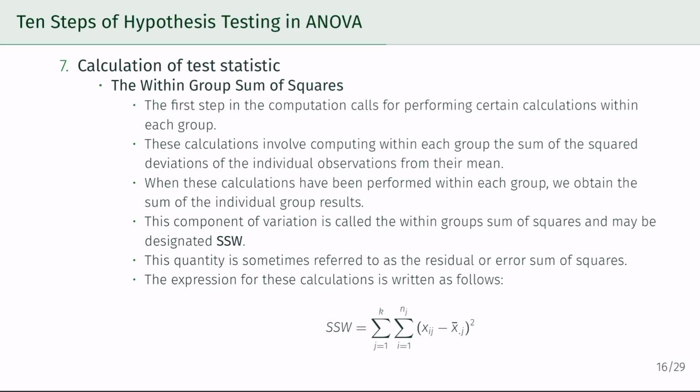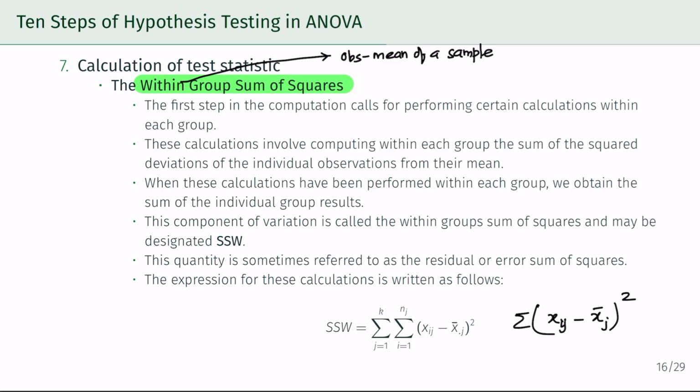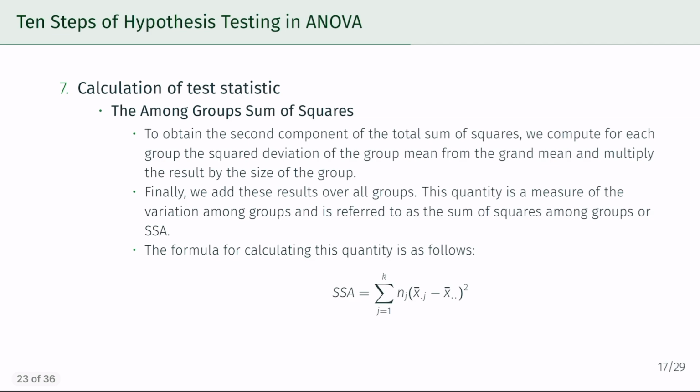Again, remember, whenever we say the term within, it's going to be the observation minus the mean of a sample, right? So we have xij minus x bar of j. If we square it and sum it all up, that represents the within group sum of squares, represented by SSW.